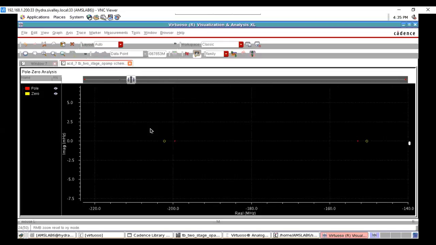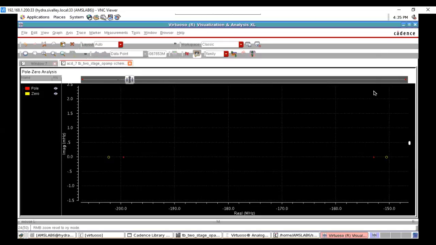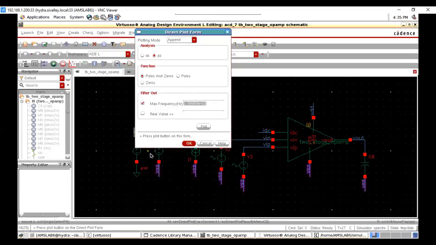Okay, so now I don't think it will have the frequency response problem. Let's see that.